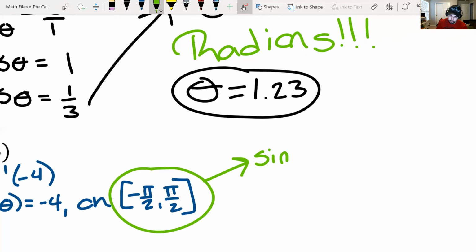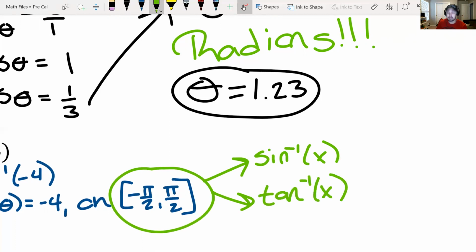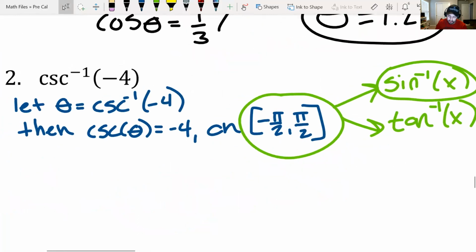The inverse sine does, and also the inverse tangent. Let's go with the easy route and choose the inverse sine of x, even though we can get the same answer using the inverse tangent. That's why I said earlier there are a couple more ways to do this, but I'll get into that when we get to the next two problems.